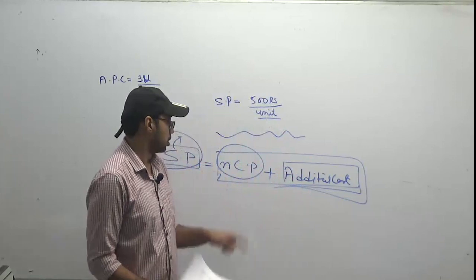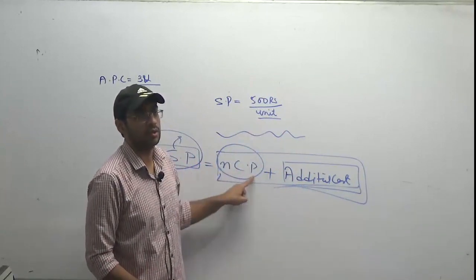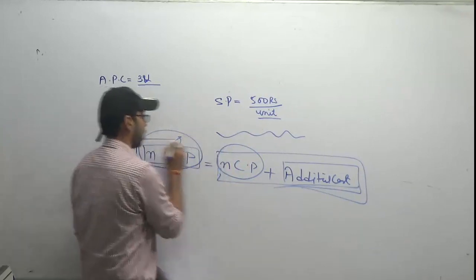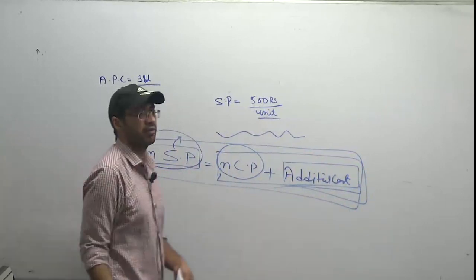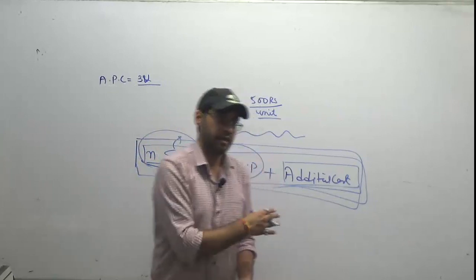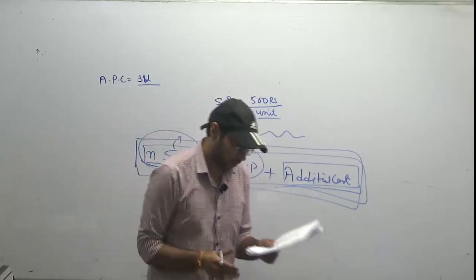Cost price per unit into number of units gives the total cost price. If this situation occurs, we are achieving a break-even point where there is no profit, no loss.